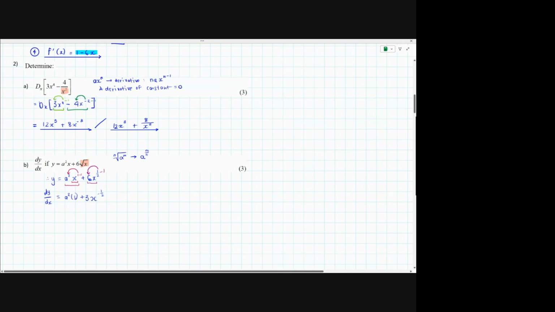And that's it. If you wanted to, once again, take that rational exponent and put it into a surd, you could. Generally, we prefer rational exponents rather than surds, but you could convert it if you really felt that way. But I would just leave this as a squared plus 3x to the power negative a half. And you have found the derivative of y.